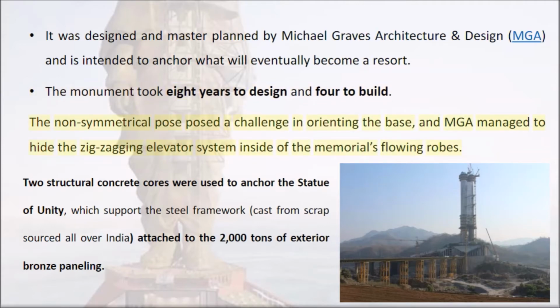The non-symmetrical pose posed a challenge in orienting the base, and MGA managed to hide the zigzagging elevator system inside the memorial's flowing robes. 2 structural concrete cores were used to anchor the Statue of Unity, which support the steel framework, cast from scrap sourced all over India, attached to the 2,000 tons of exterior bronze paneling.